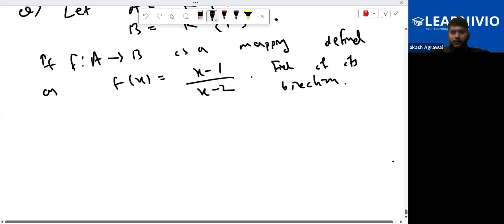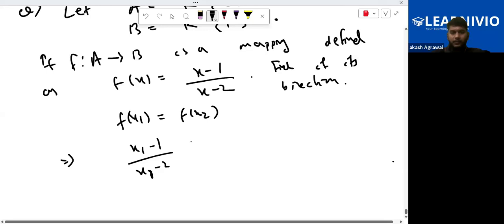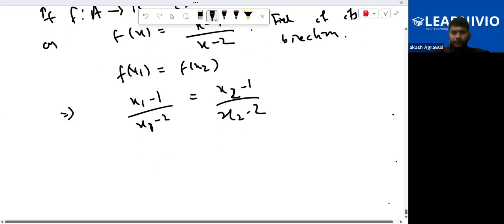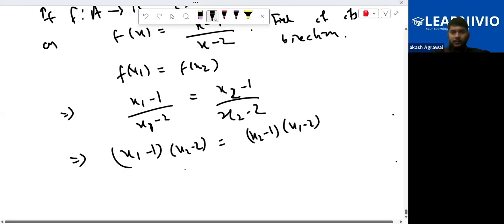So to check one-one, again we'll say f of x1 is equal to f of x2. So we have x1 minus 1 upon x1 minus 2 equal to x2 minus 1 upon x2 minus 2. Let's cross multiply: x1 minus 1 times x2 minus 2 equals x2 minus 1 times x1 minus 2.